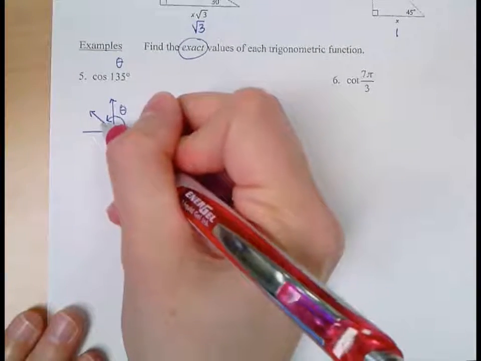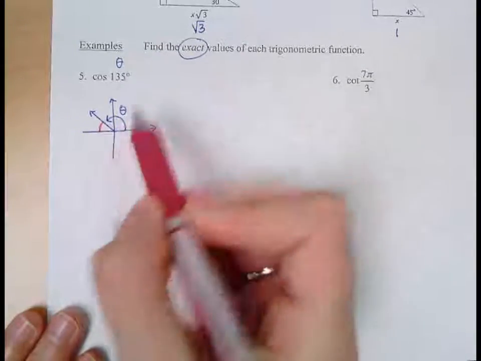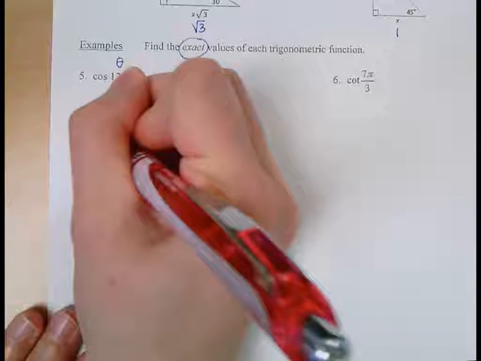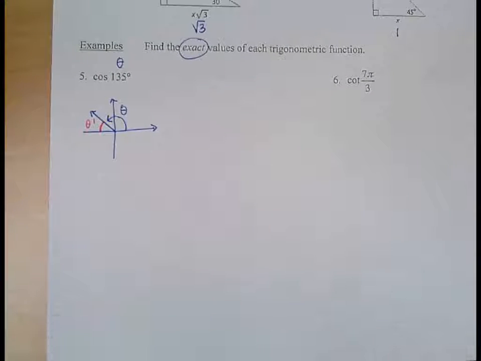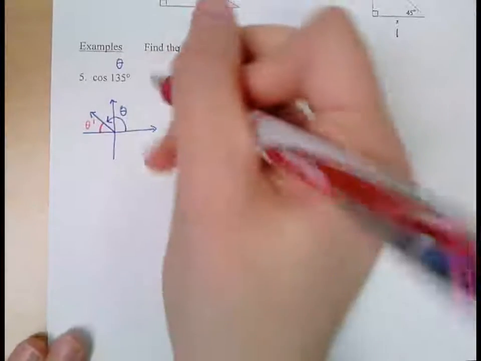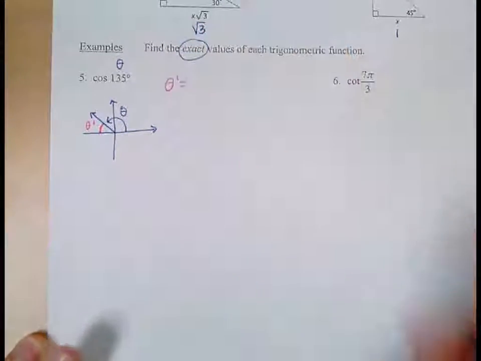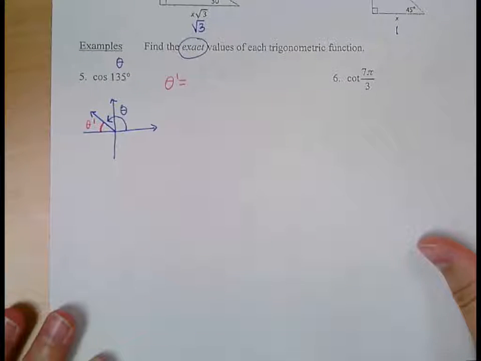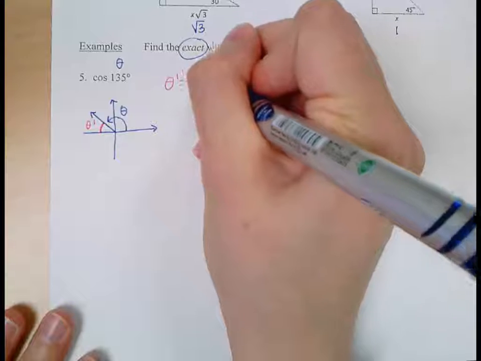Meaning then our reference angle is between that terminal side and the negative x-axis, so that would be theta prime here. And what would the value of theta prime be? 45 degrees.